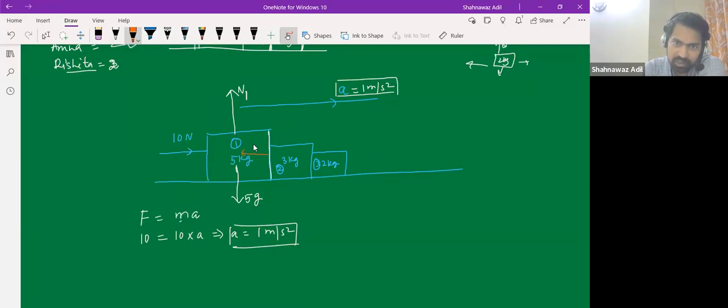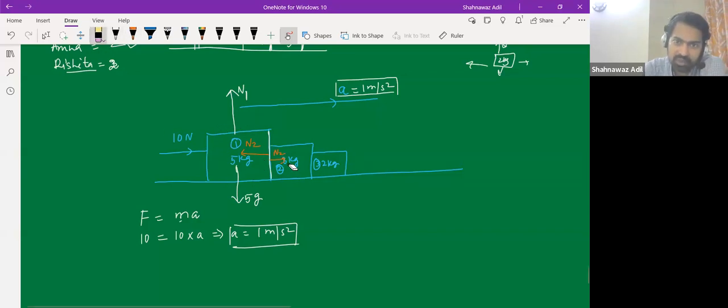Let me write it as N2, right? And this 5 kg block will also apply a force perpendicular to this surface. So let me write it as N2. So these are all the forces which are acting on this block, right?